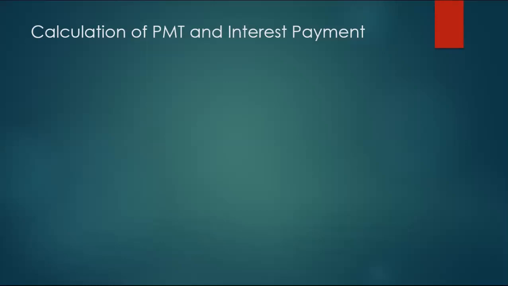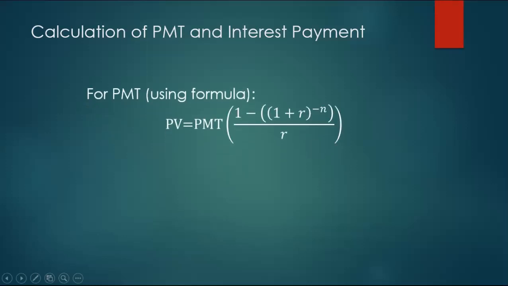So here is the formula which we are going to use in order to find PMT. A question should arise in your mind: why are we using this formula? Two things are required to understand. First, 4,000 is the payment at time 0, and in the extraction of data we have considered that amount as present value.